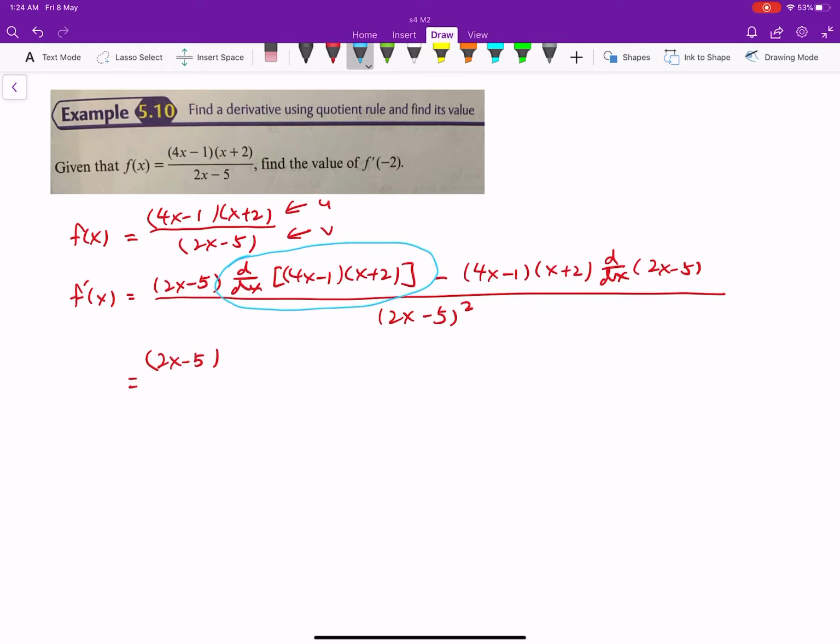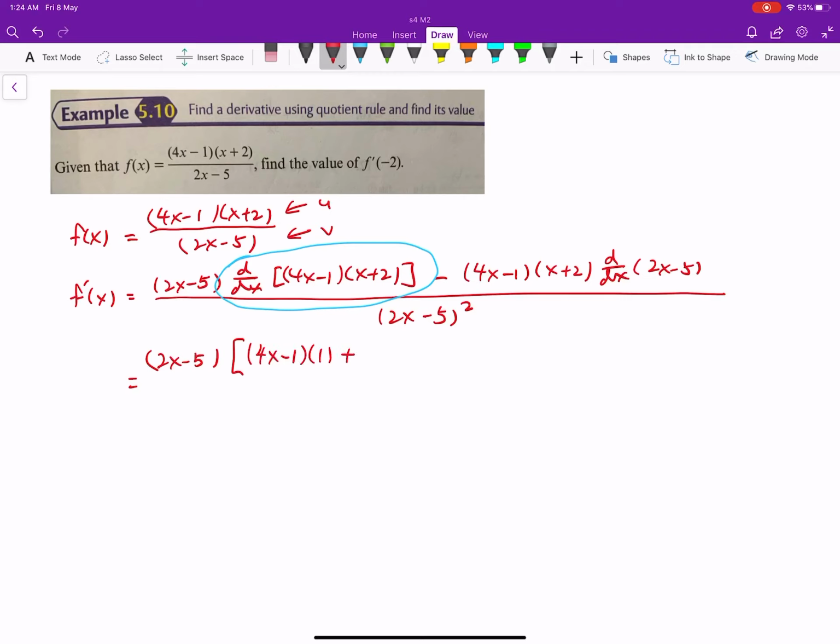Now here we have two functions multiplied together, so we need to use the product rule in this situation. I hope you remember: you first keep the first one and differentiate the second one, and then you differentiate the first one and keep the second one.